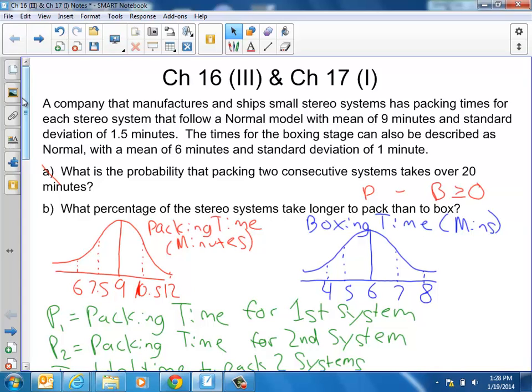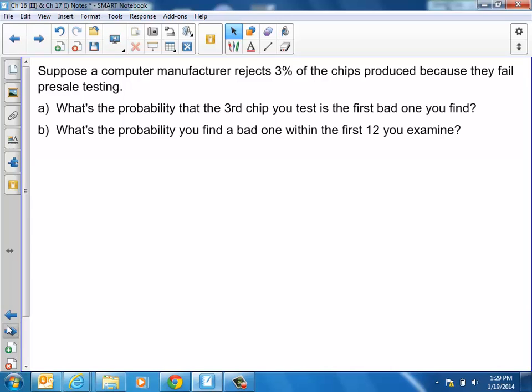And that is fair to do, again, as long as your variables are independent. If the packing time forced the boxing time to be a little bit different, based upon how long the packing time was, this would not have been legit. So for you to be able to use this method, you first need to check that the variables we're talking about are independent. And there you go. I think it's a cool problem. Hope you enjoyed it.